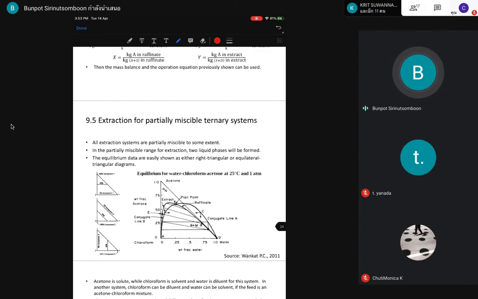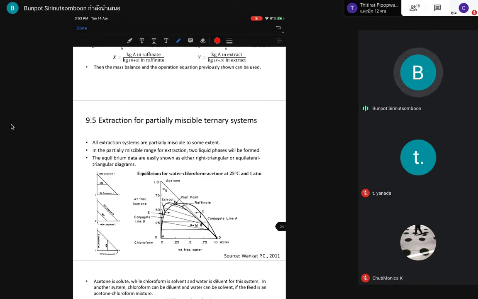Like in the previous sections, we only focused on the solute, right? And we just kind of ignored the solvent and diluent because we said that the diluent and solvent don't interact with each other. They don't mess with each other, and we only focus on the mass transfer of solute from diluent to solvent.